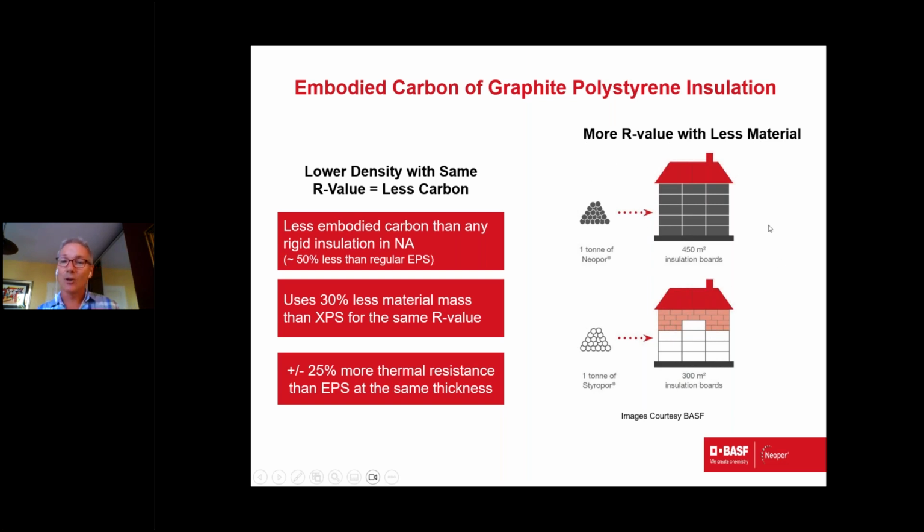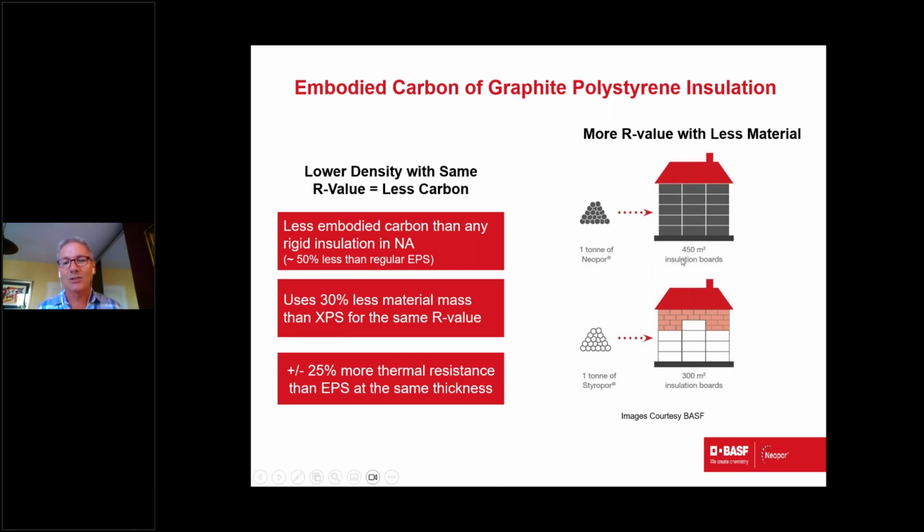So in the case of, say, graphite enhanced expandable polystyrene, EPS, graphite enhanced EPS actually has a higher R value for the same density. So what that means is I can use less of it and still get the wall insulated the same amount.